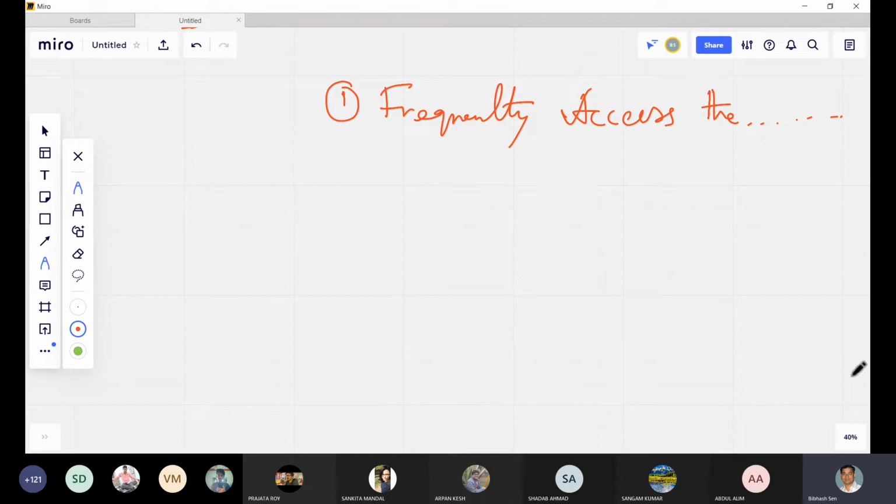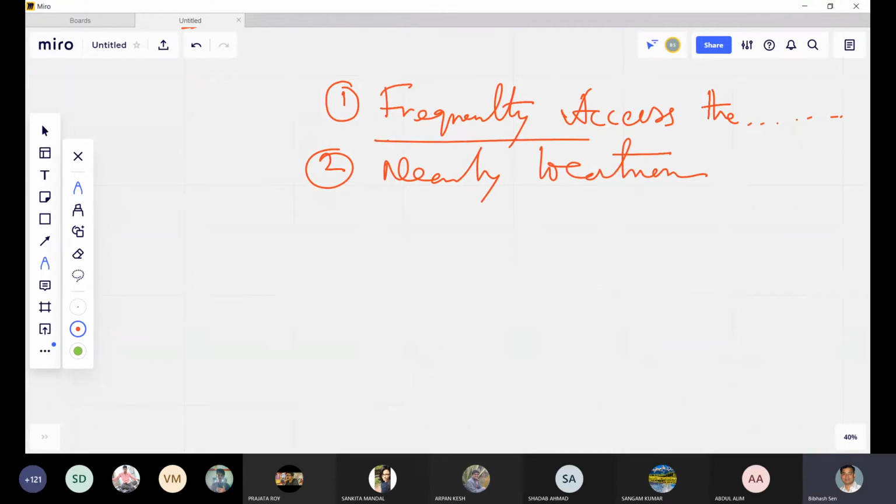Two is nearby location. Generally, these two things are very important: frequently accessed or nearby location. These two phenomena generally work in our brain.